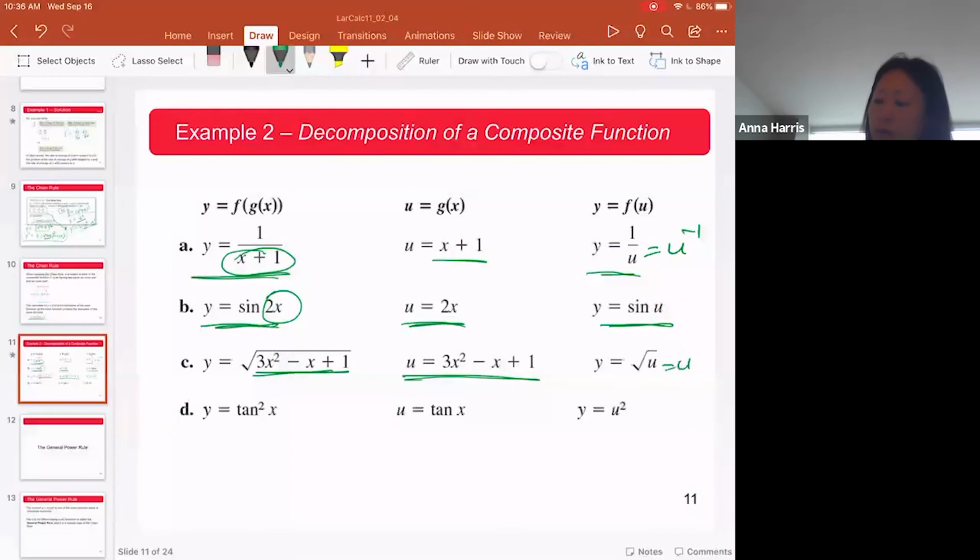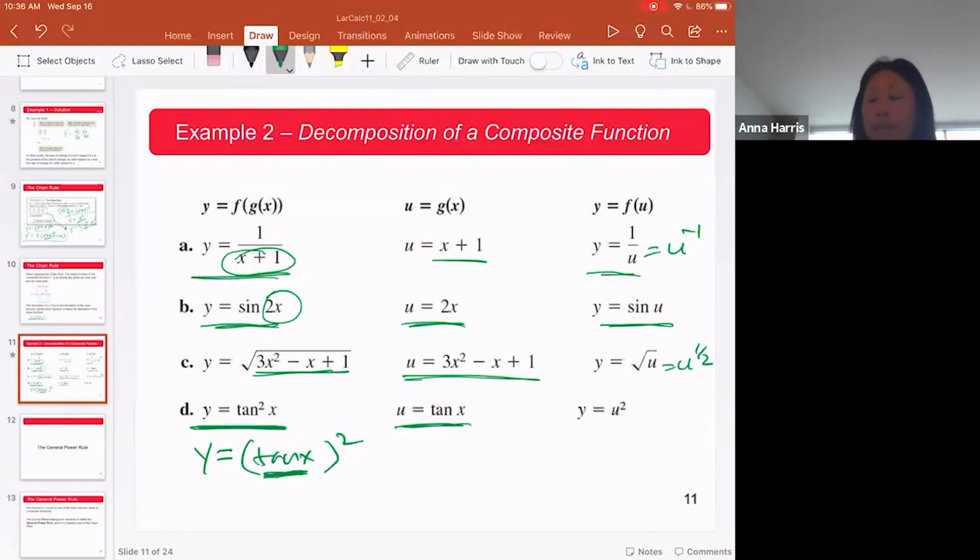Then you can rewrite your problem as u to the 1/2. And over here, this is something new. I haven't taught this one, I didn't do this example. If you have this problem, that is the same as y equal to tangent of x to the second power, right? So write down the inside of the parentheses as your u. Then you have this. When you have trigonometric functions with a power, write it down right here. It may confuse you, but if you rewrite it as something in parentheses to a power, then you know that's a chain rule you have to use.